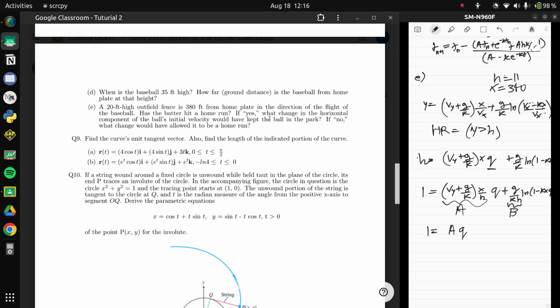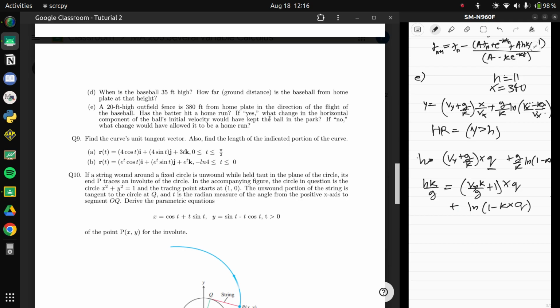I guess I'm making some sort of mistake. But what sort of mistake? I should probably not be doing it like this. I should be dividing by g by k instead. So it just becomes something like hk by g is equal to, so vy k by g plus 1, and then you got x and q and plus this natural log stuff.